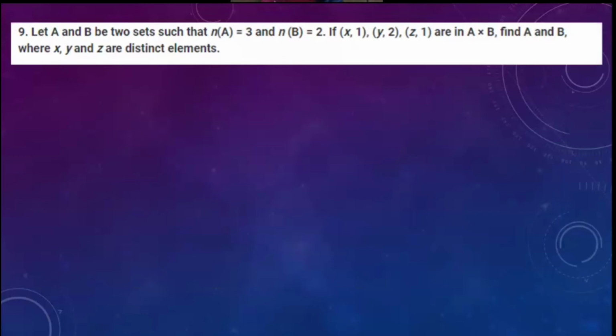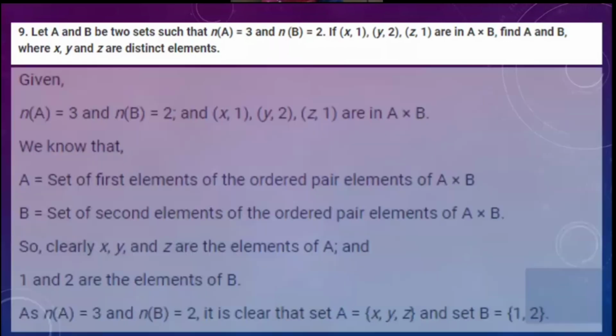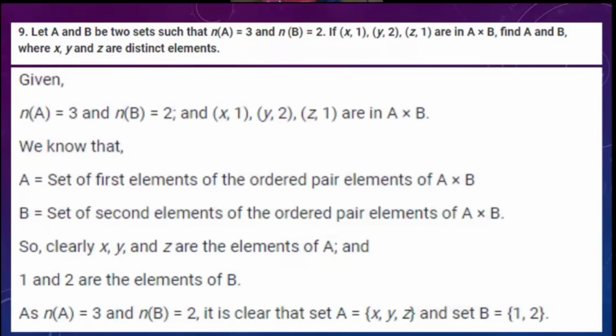Let A and B be two sets, n(A) equal to 3, n(B) equal to 2. If (x,1), (y,2), (z,1) are in A into B, find A and B where x, y, z are distinct elements. So the number of elements in set A is 3 and in set B is 2, and (x,1), (y,2), (z,1) are in A into B. We know that set A is the set of all first elements of the ordered pairs of A into B, and B is the set of all second elements.